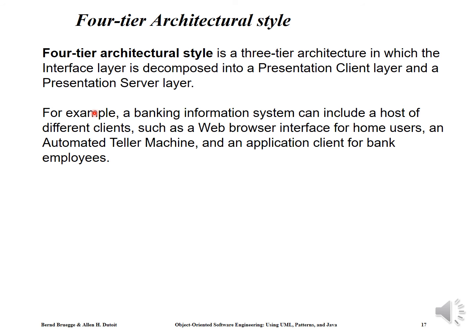For example, a banking information system can include a host of different clients, such as a web browser interface for home users or ATM machine, and an application client for bank employees. Now, forms shared by all three clients can then be defined and processed in the presentation server layer, thus removing redundancy across clients.